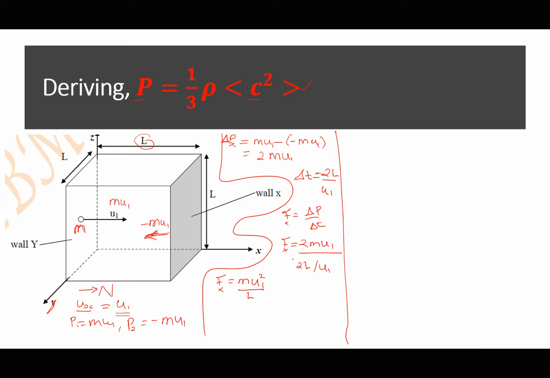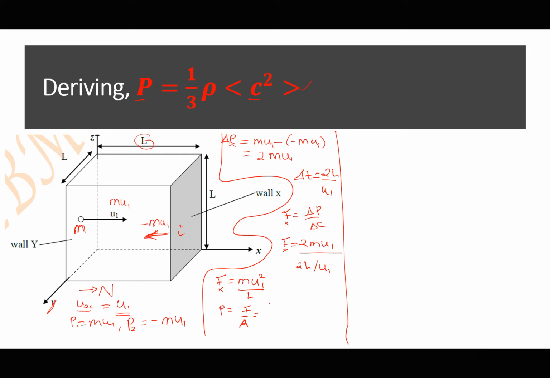What is the pressure exerted on wall X? By definition, pressure is the force acting normally per unit area. So the pressure is the force over area. Remember, the cross-sectional area of wall X is L times L, which is L squared.